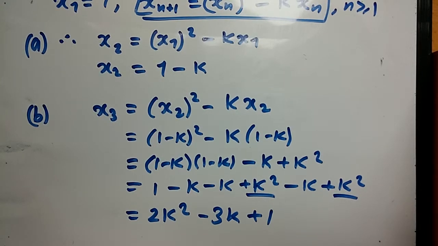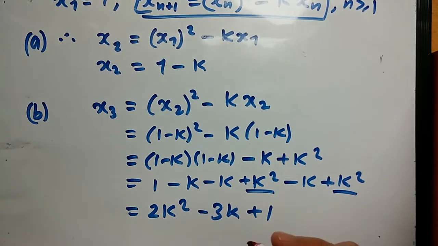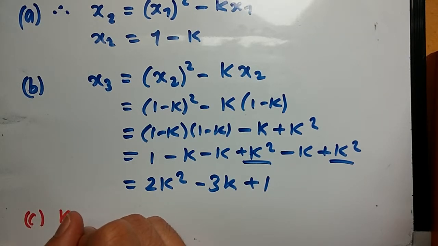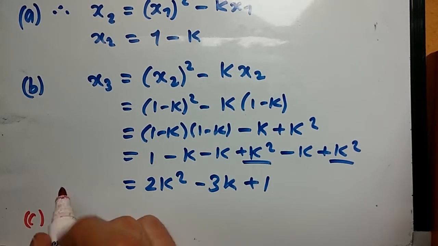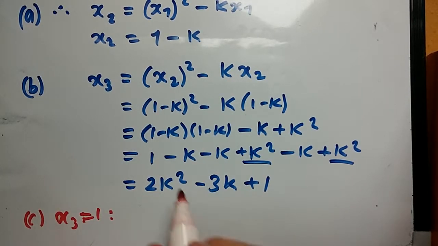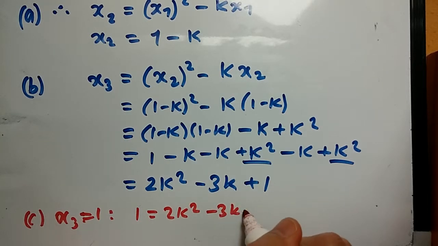Now from the next part of the question, it's going to say, given also that x3 equals 1, find the value of k. So the question might even suggest this. So assuming that, let's call this part C, assuming that x3 equals 1, what's the value of k? So what we're going to have here is 1 equals 2k squared minus 3k plus 2.